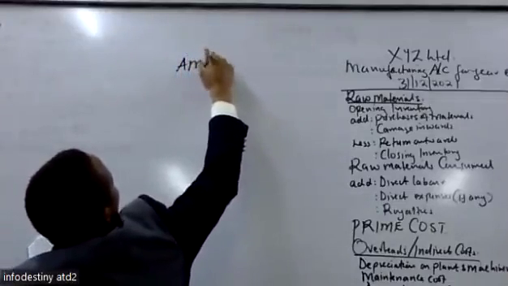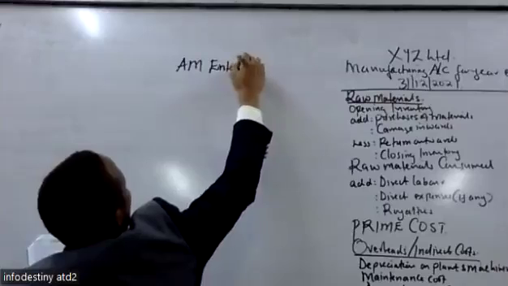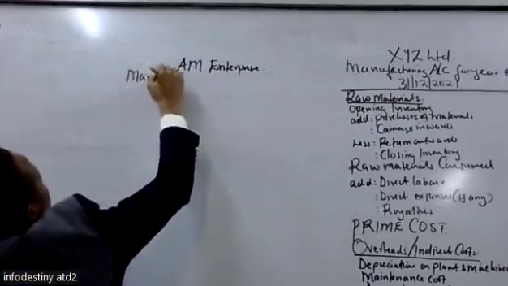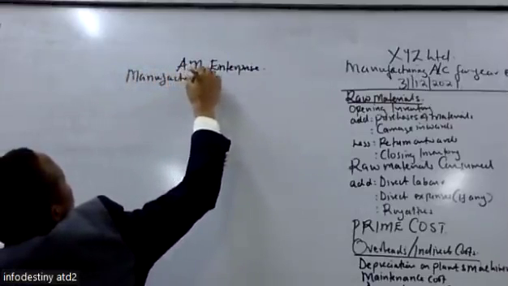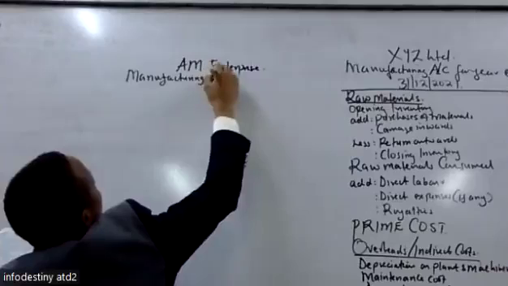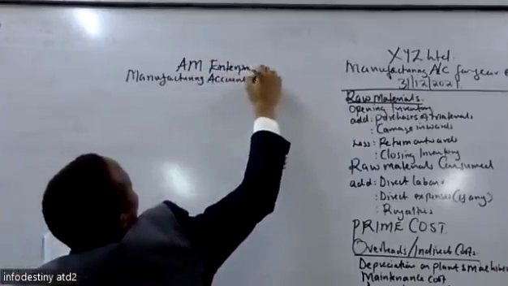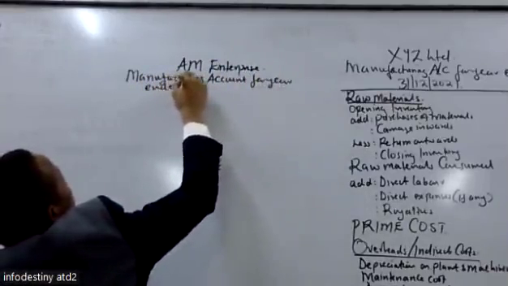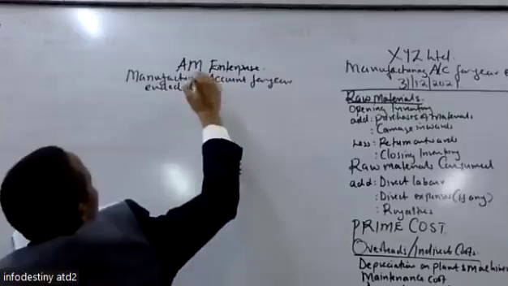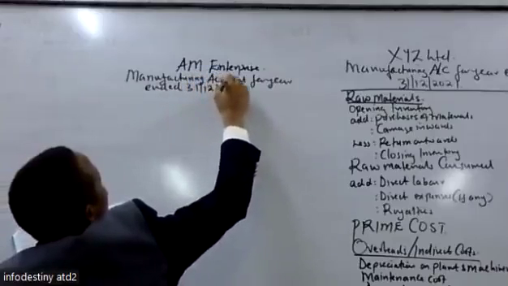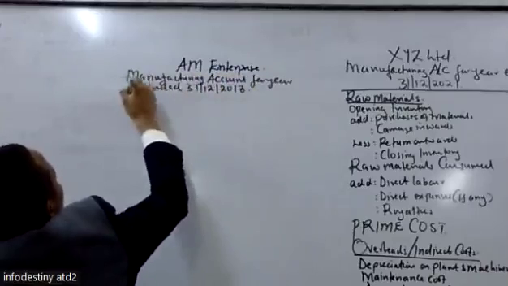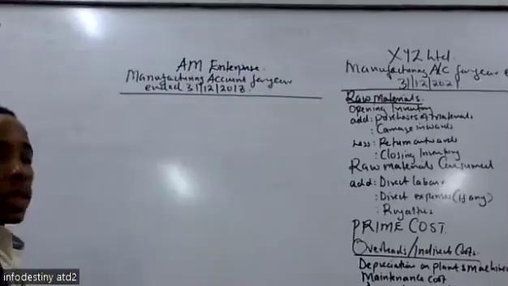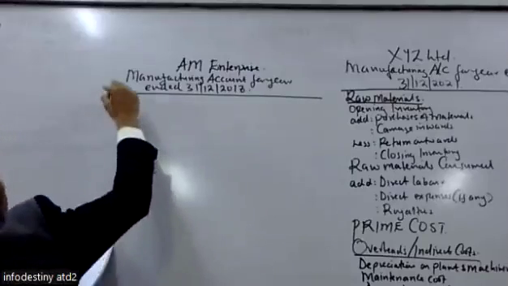AM Enterprise Manufacturing Account for the year ended 1st December 2018. So we start with the raw materials.